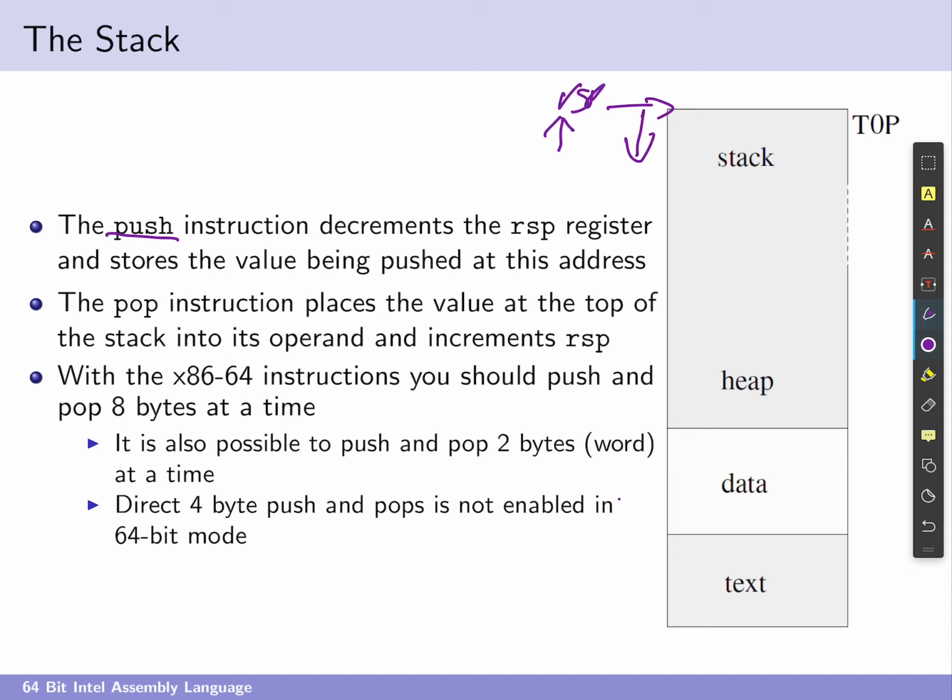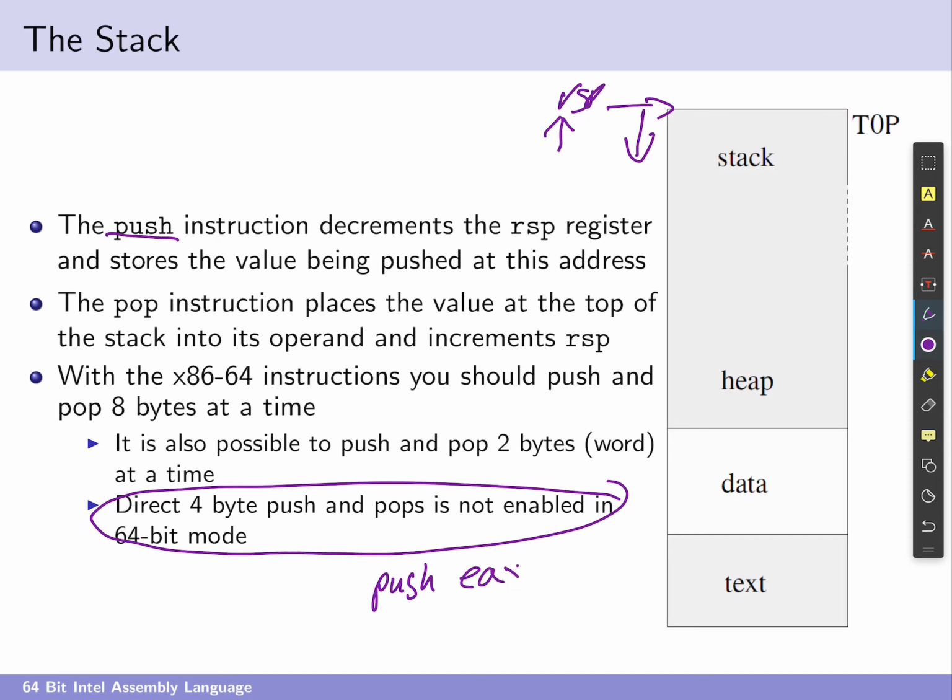You can, however, push and pop 16-bit registers or words. So that's a point just to keep in mind that direct 32-bit push and pops are not enabled in 64-bit mode. So if you find some example code that's written for 32-bit, they may use instructions like push EAX. This instruction, however, will not work in 64-bit mode. You can only push and pop the 64-bit registers or the 16-bit registers when you're in 64-bit mode.